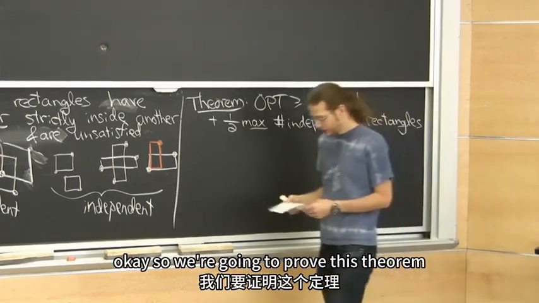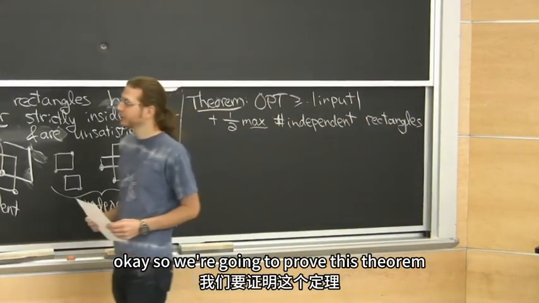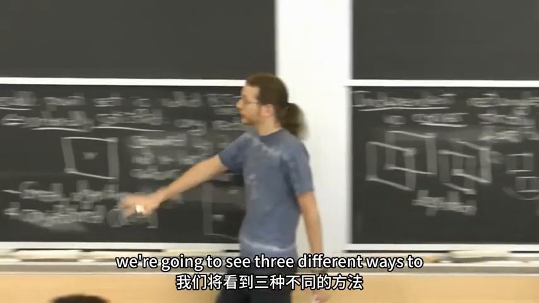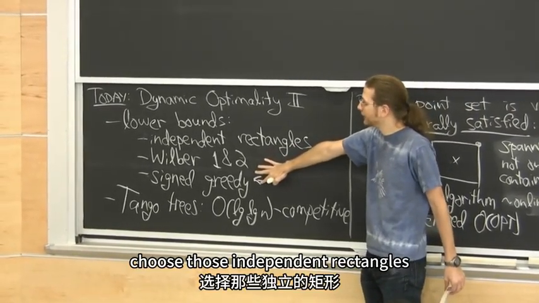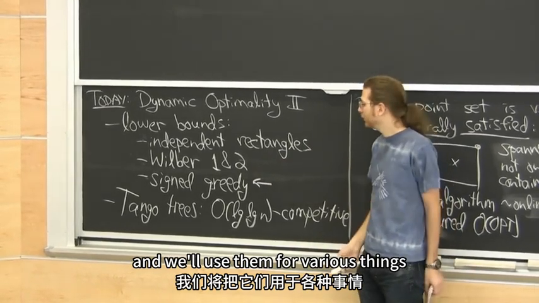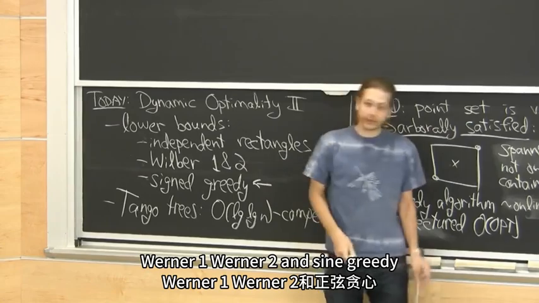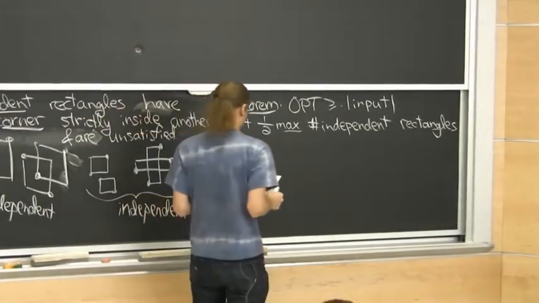So we're going to prove this theorem, and then we're going to see 3 different ways to choose those independent rectangles, and we'll use them for various things. Wilbur 1, Wilbur 2, and signed greedy are going to be the 3 choices for independent rectangles.